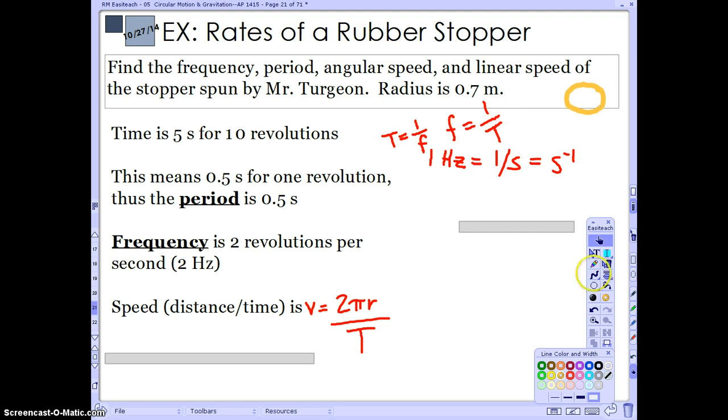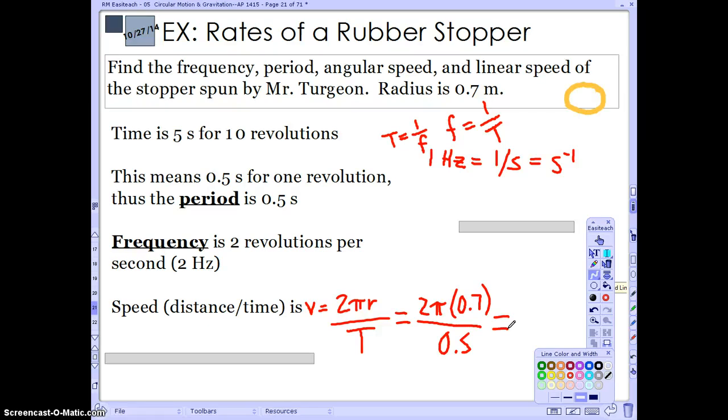So the distance over time, I'm going to plug into this equation very quickly. You can do this along with me. 2 pi times 0.7 all over the period of 0.5, which you can see just basically ends up being 4 pi times 0.7.